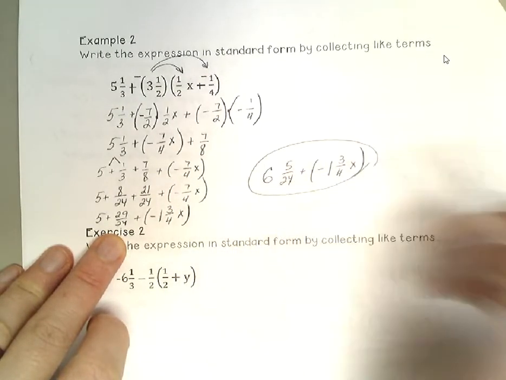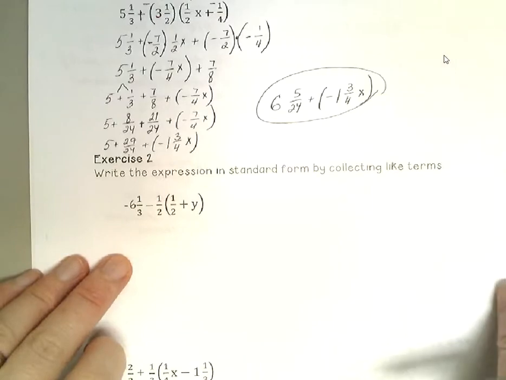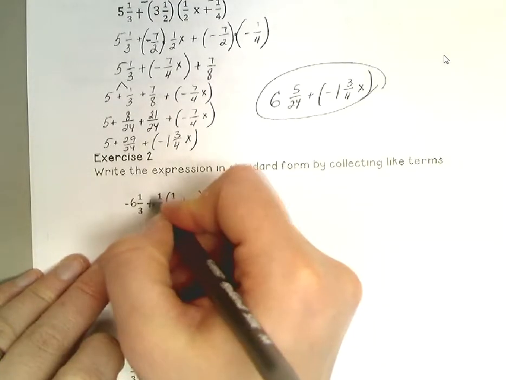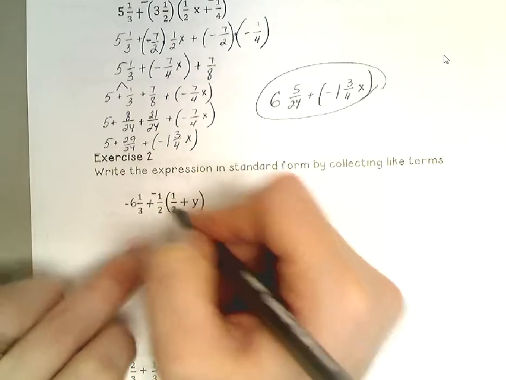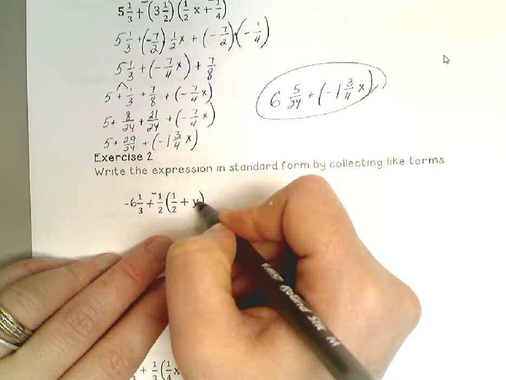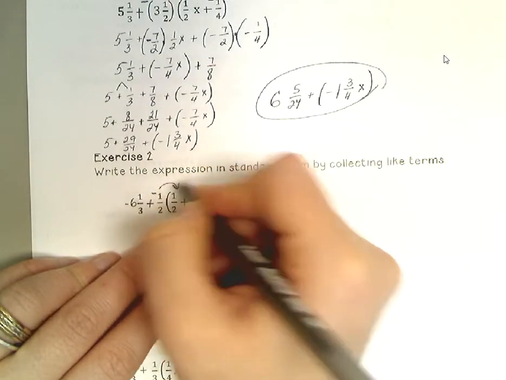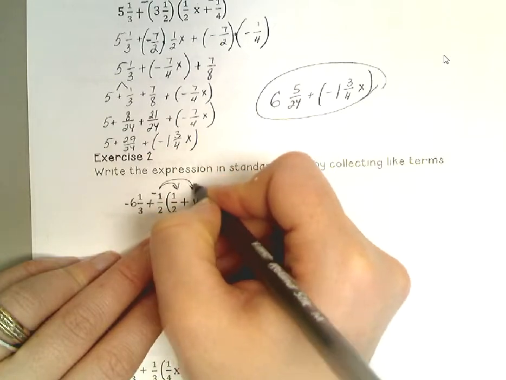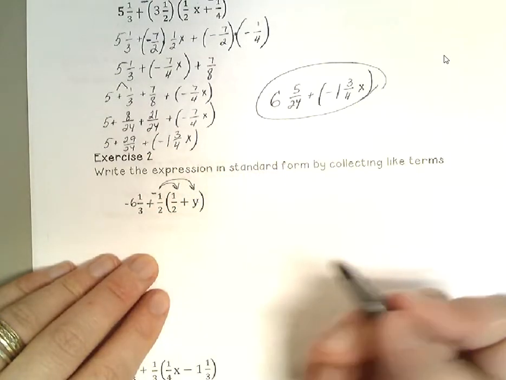Okay, so the biggest rule here is to do multiplication first, no matter what. Over here, change subtraction into addition of the opposite, and do the multiplication first. Multiplying negative 1/2 by both numbers inside the parentheses using distributive property. So negative 1/2 times 1/2 and negative 1/2 times y. And after that, I'm going to add negative 6 and 1/3.